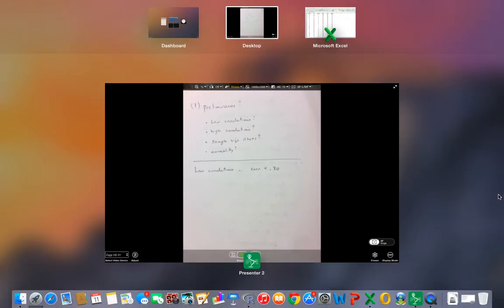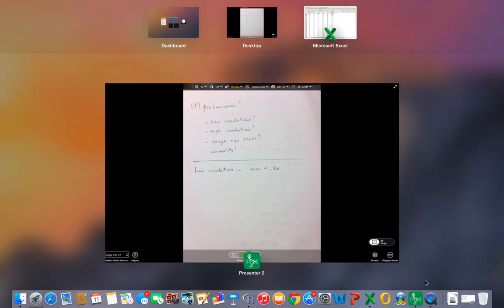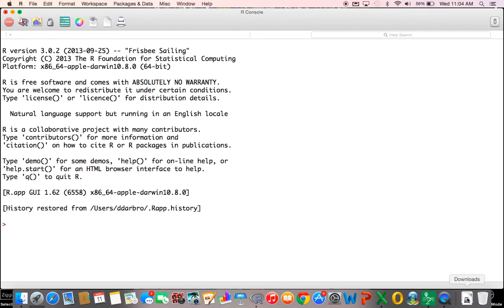So, guys, what it looks like to me, I'm getting ready to crunch some data, so I need to bring R into play. Again, I'm pretty sure that I called this math skills.